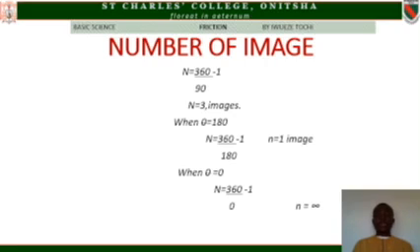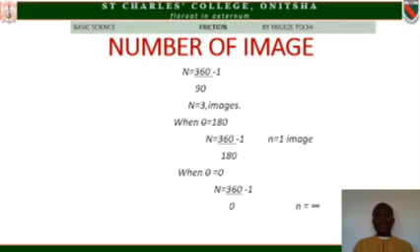Replacing theta by 90 degrees, we have 360 over 90 minus 1. When you simplify, you have n equals 3. That is, 3 images are formed in the plane mirror.